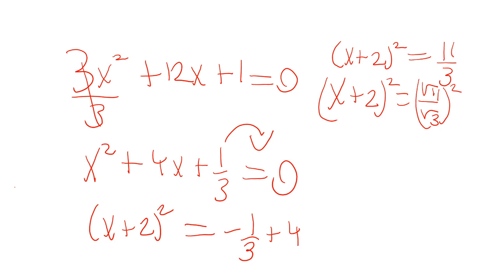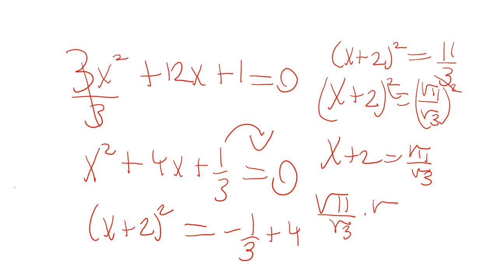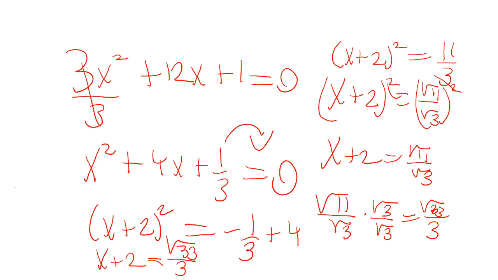So we rationalize the denominator: root 3 times root 3 is 3, and the numerator is root 33. Now we really see that x plus 2 is equal to root 33 over 3.